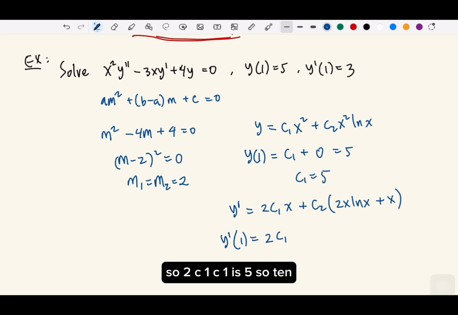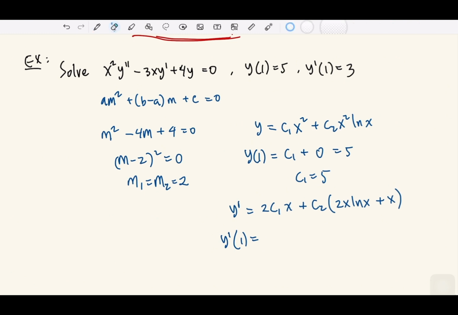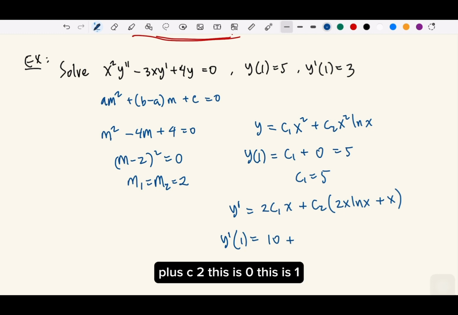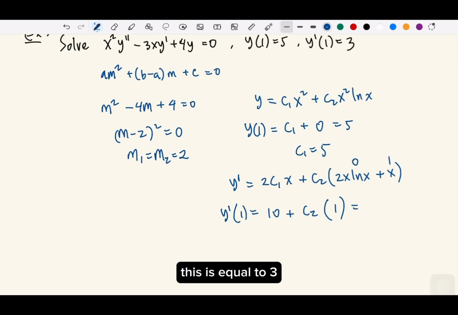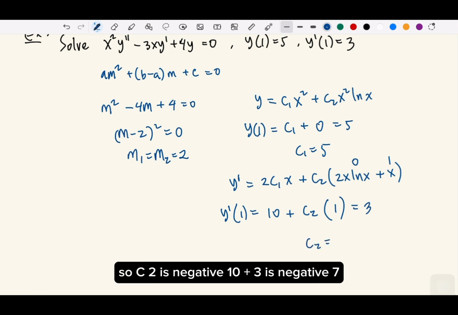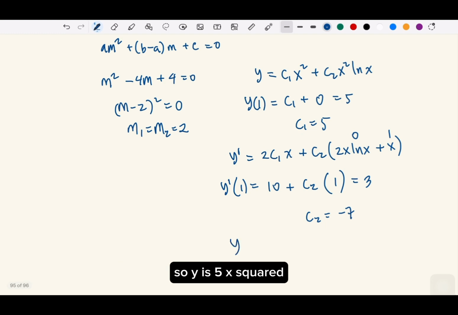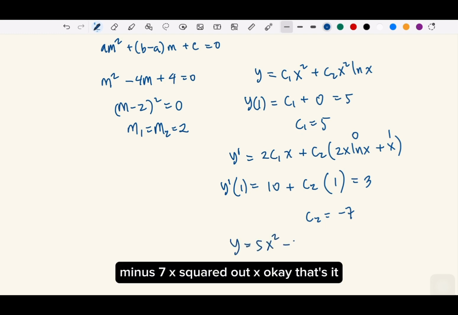So 2c1, c1 is 5, so 10, plus c2, this is 0, this is 1, so this is 1, and this is equal to 3. So c2 is -10 plus 3, which is -7. So y is 5x squared minus 7x squared ln x. Okay, that's it.